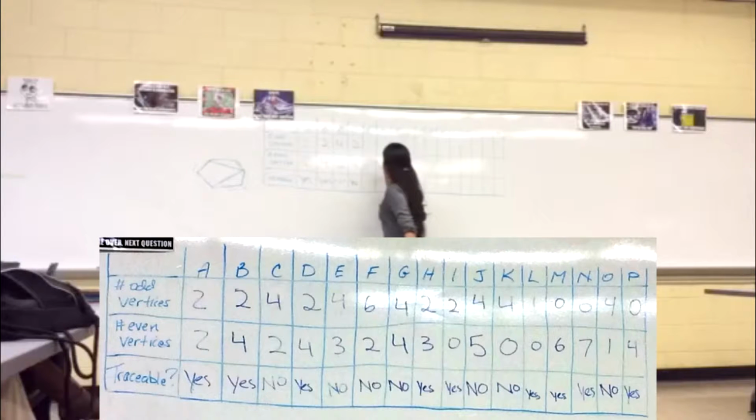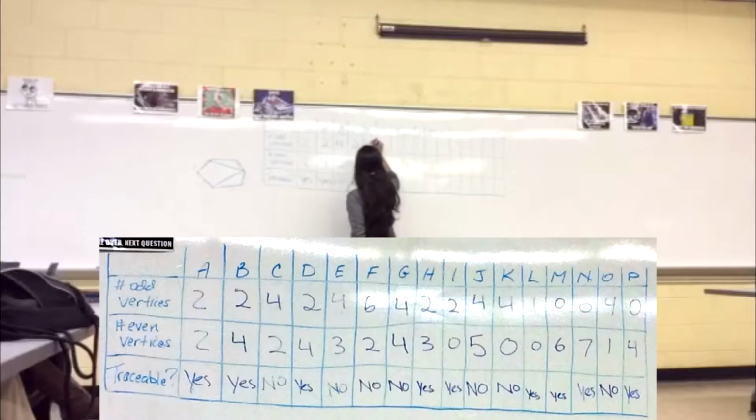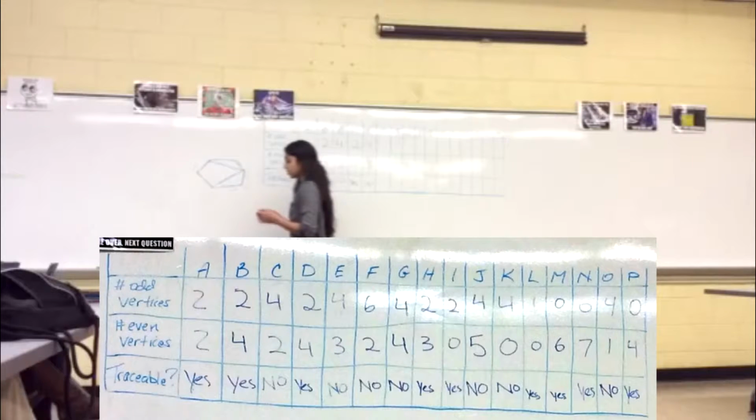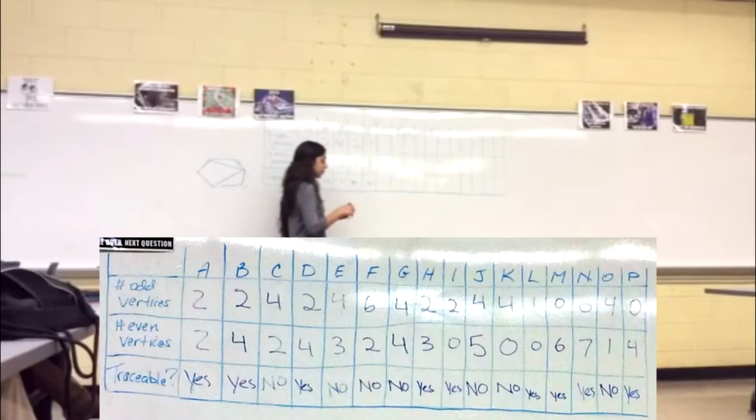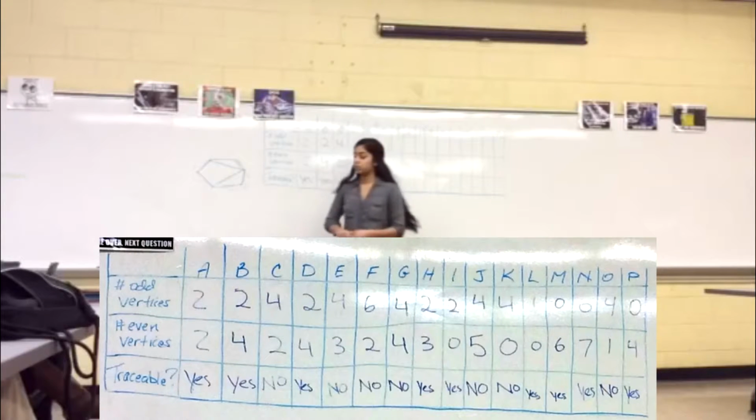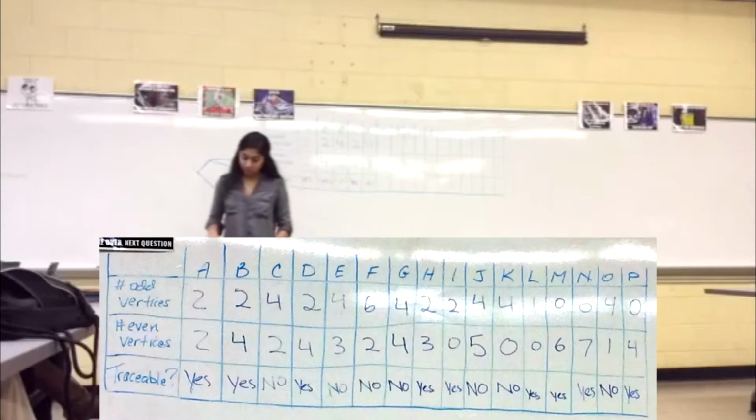Three. Even. That means even. And no, right? This is one. This is one. I think there's two even. 4 and 3, we said.